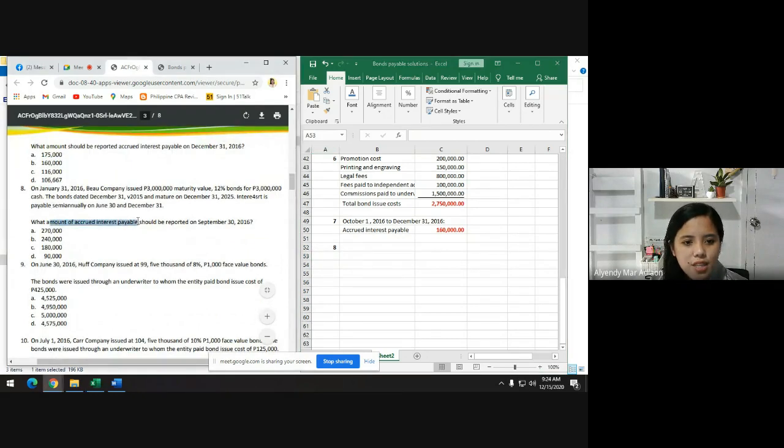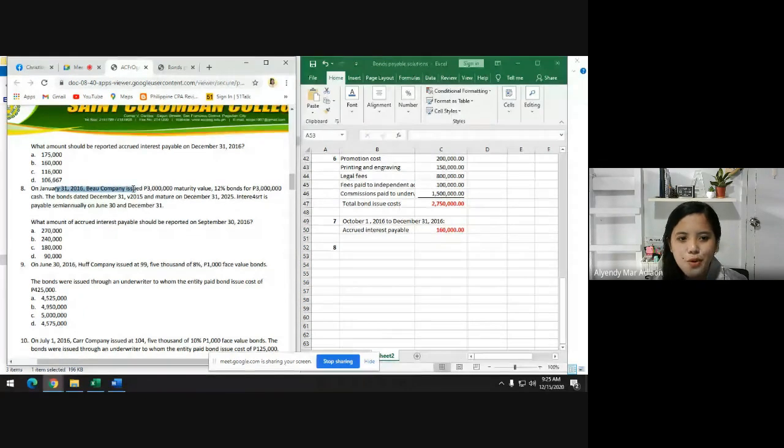What amount of accrued interest payable should be reported on September 30, 2016? Okay. On January 1, 2016, View Company, is this View or Bow? Forgot how to read this. Okay, issued 3 million maturity value, 12% bonds for 3 million cash. So, 3 million is the face value. And another 3 million, this is the proceeds.